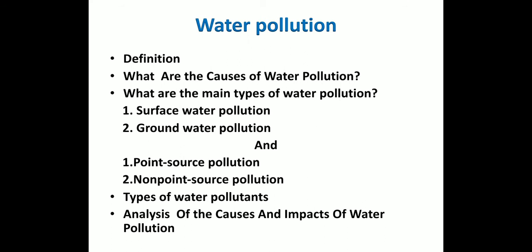Then the next point is types of water pollutants. In this unit, this is also very important. The types of water pollutants means we have discussed different water pollutants, and water pollution analysis is also based on this.